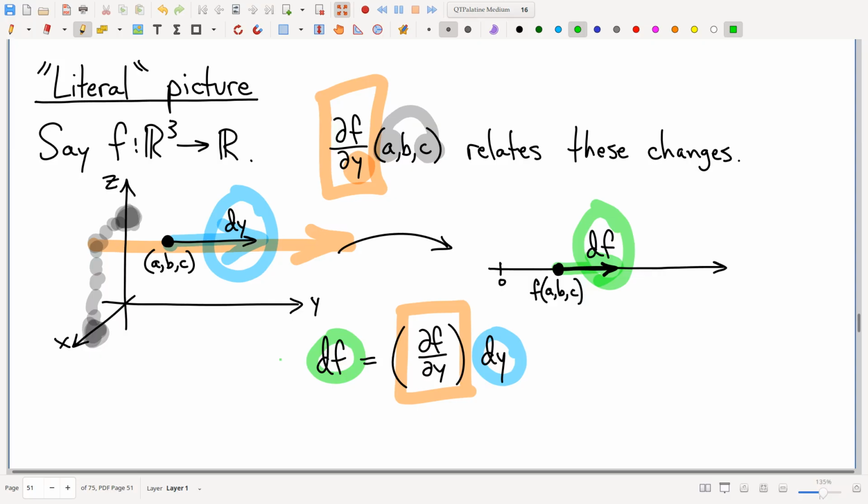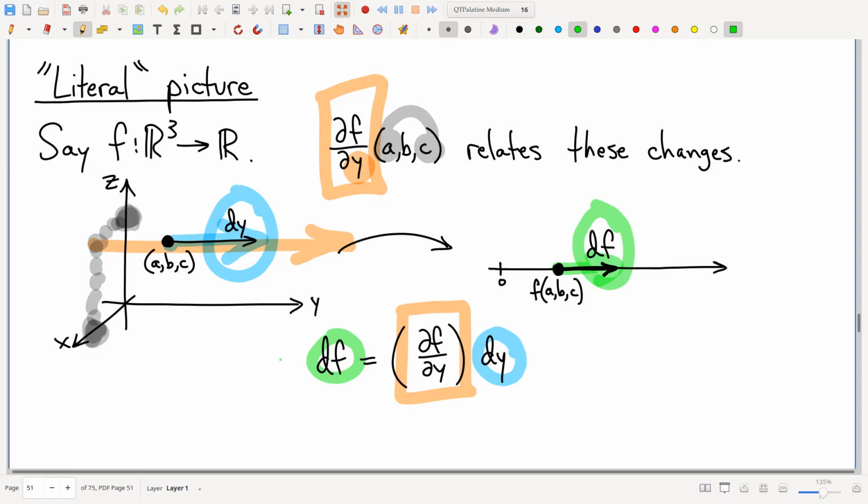Dy is just a differential. It's not a derivative at all. Dy just says, look, y might change a little bit, and how much did y change? That's all it is. It makes no assumptions about what's happening in any other direction.